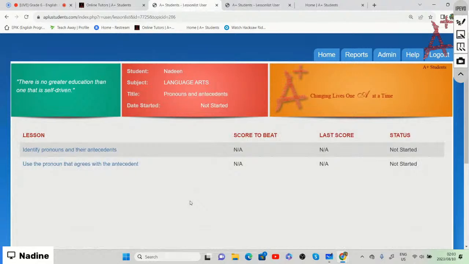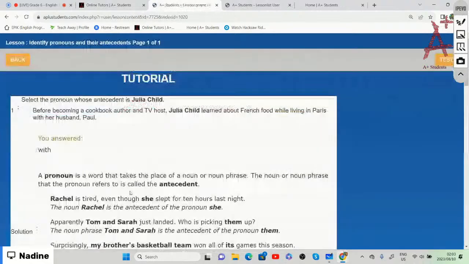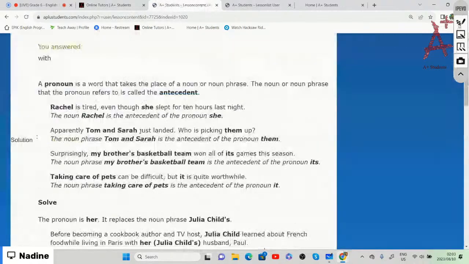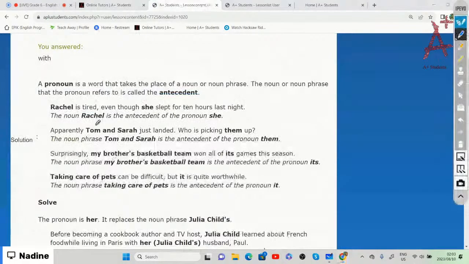We're going to continue. We're going to go into our pronouns and antecedents first: identify pronouns and antecedents. A pronoun is a word that takes the place of a noun or a noun phrase.